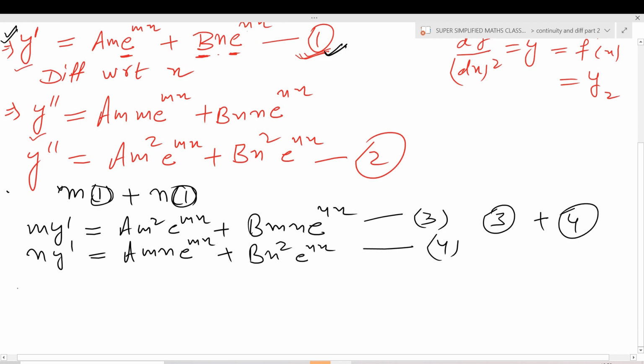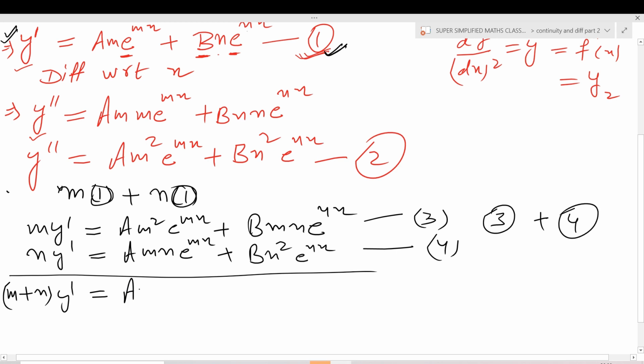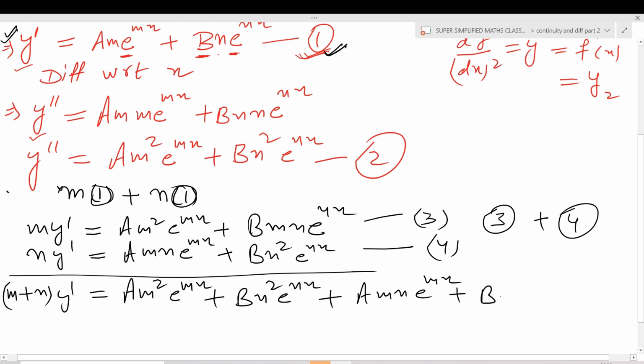So how do I add? On the left hand side I will have m plus n y dash, and on the right hand side I add up all the four terms: a m square e mx plus b n square e nx plus a m n e mx plus b m n e nx.